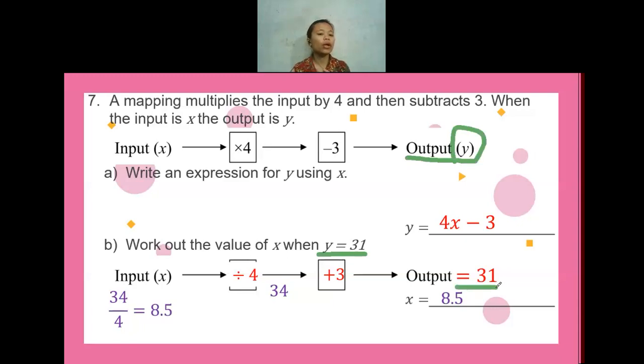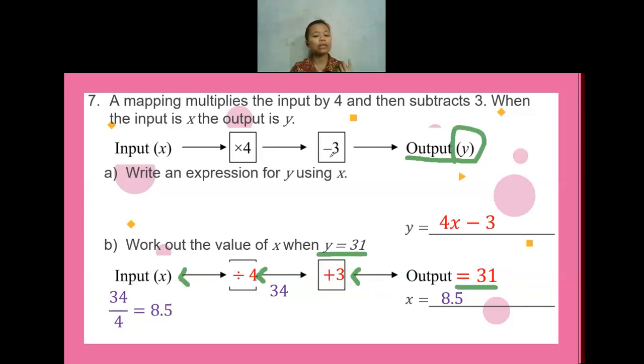And then when we already have the output and we have to find the input, we have to work from the back and do the opposite. Here the arrow is supposed to be going to the left. Sorry, I haven't changed the arrow. So this is supposed to be 31. The last thing that we do to the number is minus 3.